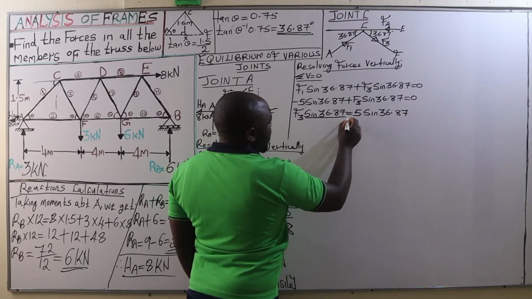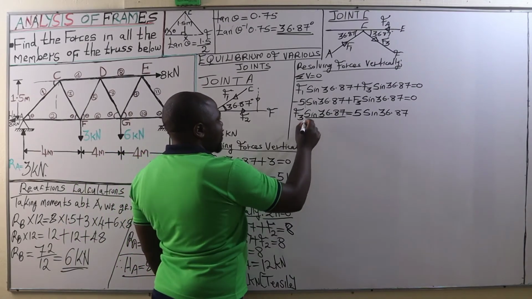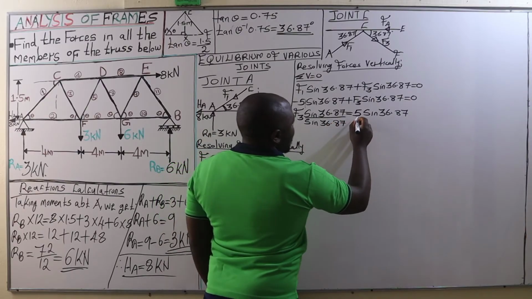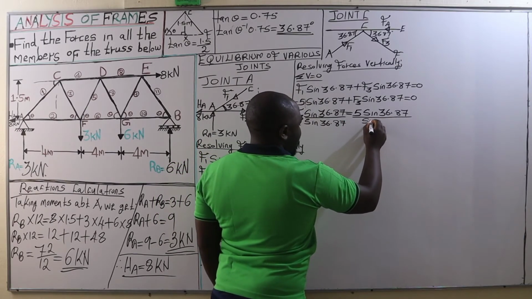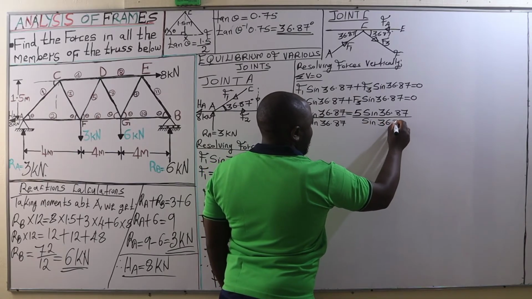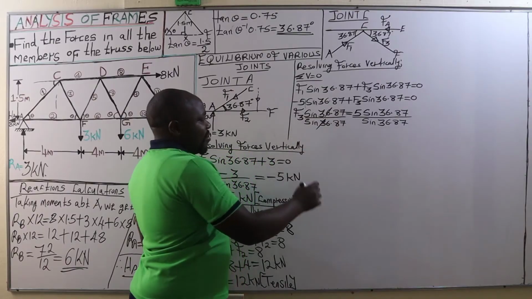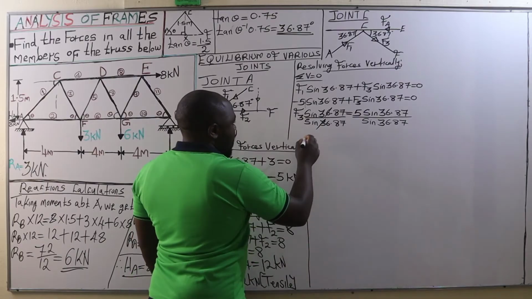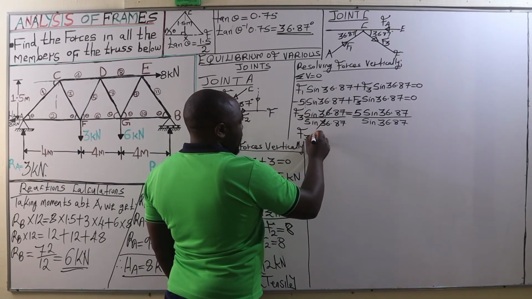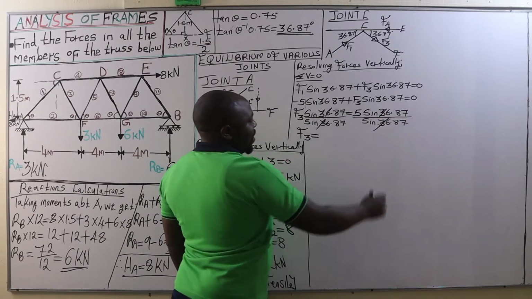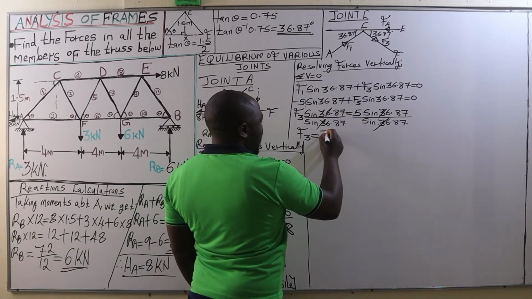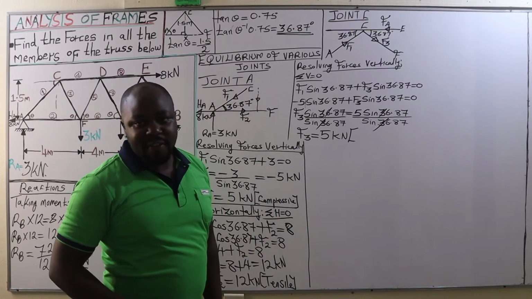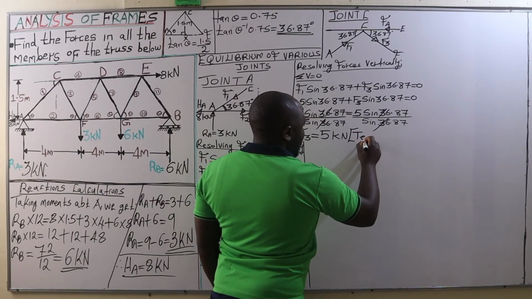To get the value of F3, we are going to divide both sides by the sine of 36.87. Those two will cancel out, and therefore F3 is going to be 5 kilonewtons, and it being positive is going to be a tensile force.